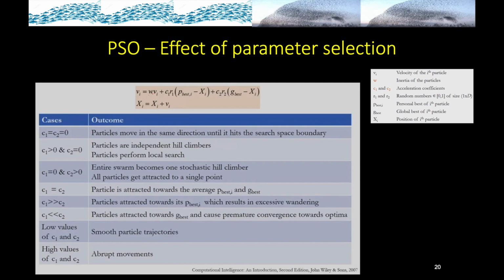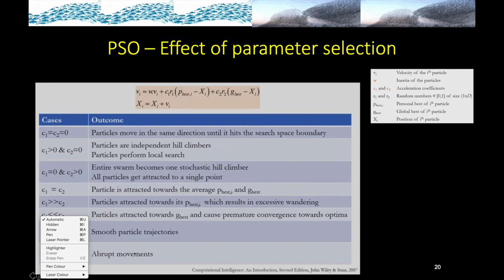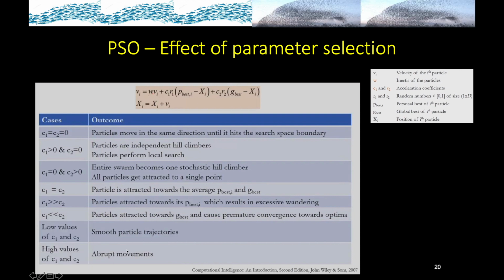On the other hand, if you choose a very large C2 instead of C1, then the particle will be attracted towards the global best and will cause premature convergence towards the optima, and the personal best will not get enough weightage in this case.